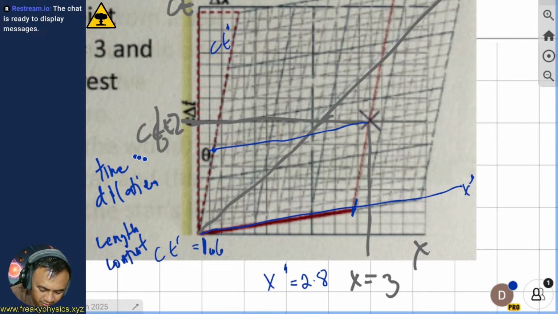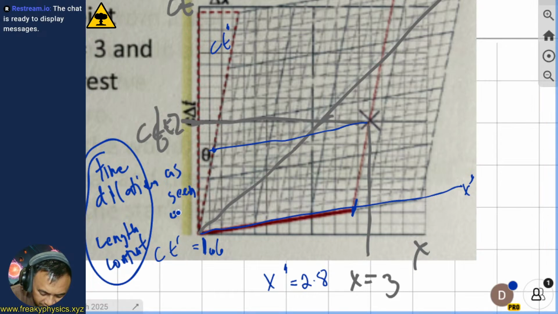Both of these will work, and will only be as seen from S, in this case.